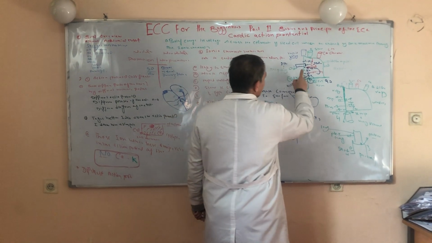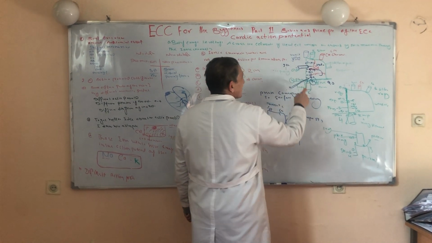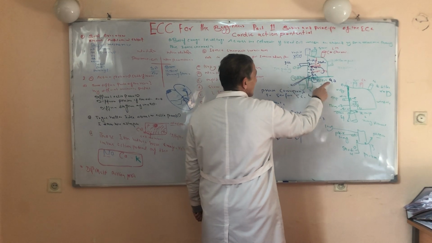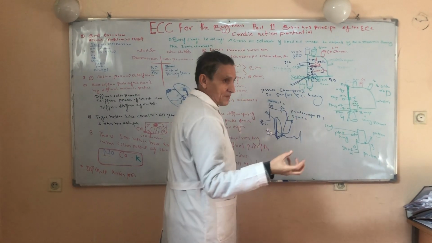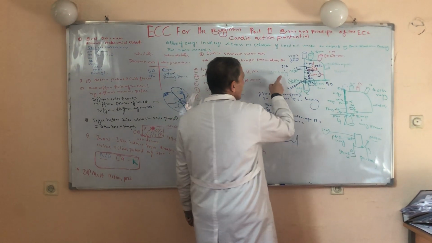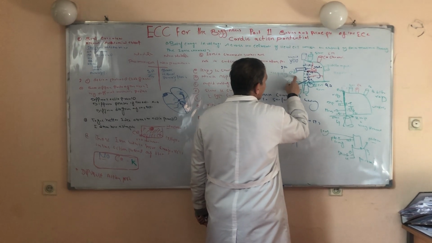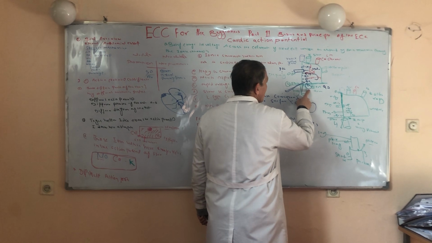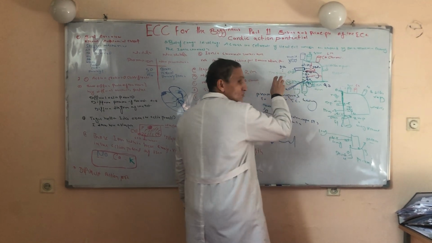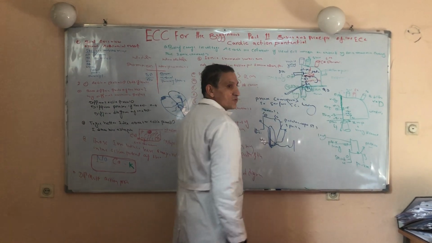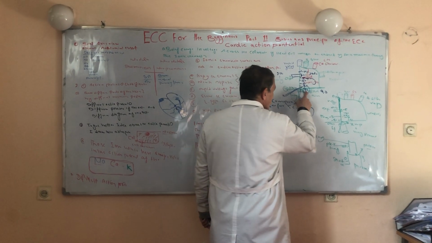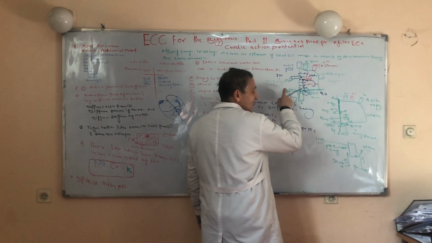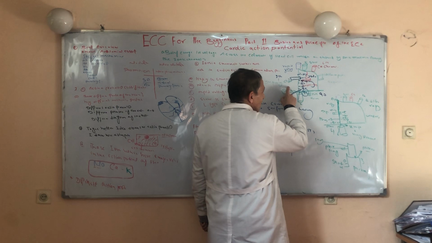What is the mechanism by which this depolarization is produced? Now this cell has produced a resting membrane potential. It is ready to accept another stimulation. For example, the stimulation is coming from outside the cell into the inside of the cell, and this minus 90 millivolt is neutralized by the sodium coming from outside the cell.